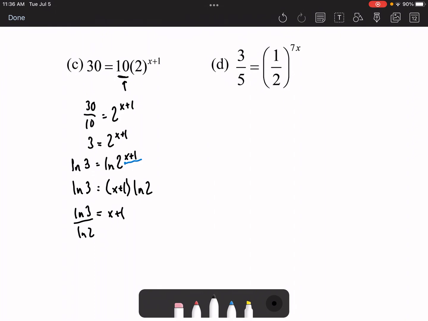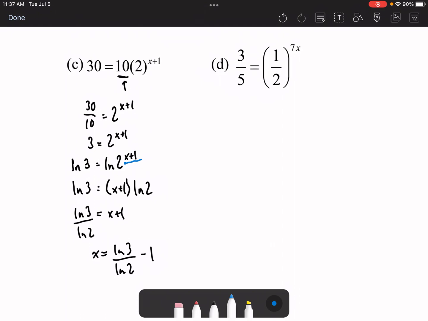And then to solve for x, I'll just subtract 1 from both sides. And there I get my value for x. Please notice that ln 3 over ln 2 cannot be simplified in any form because the arguments are different. Both arguments are 3 and 2. It's not the same natural logarithm.